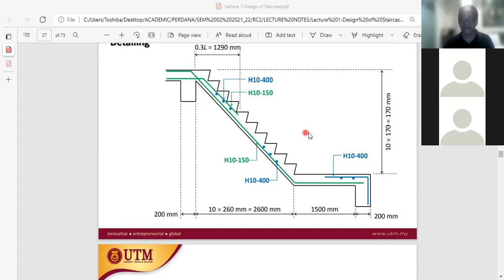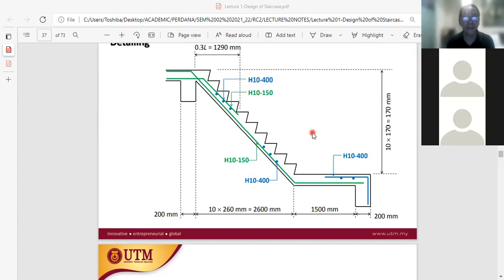Alright, any question? What we can see is that in any RC component design, the bigger the span, the component becomes thicker, lebih tebal. The same applies kepada beam. The bigger the span of the beam, maka lebih tebal beam tersebut.